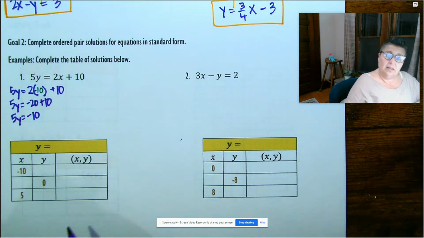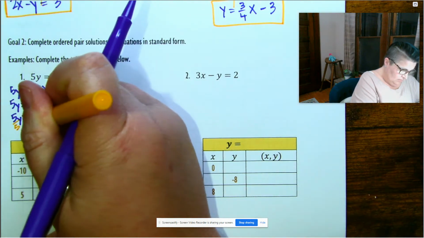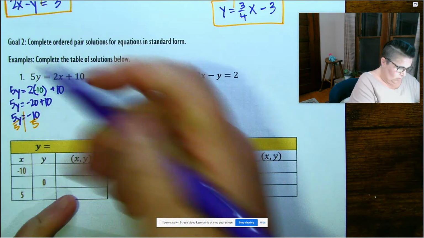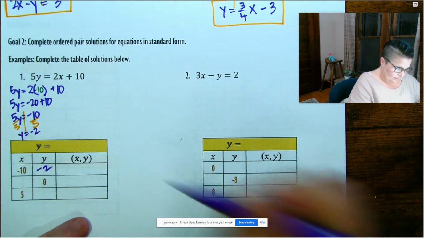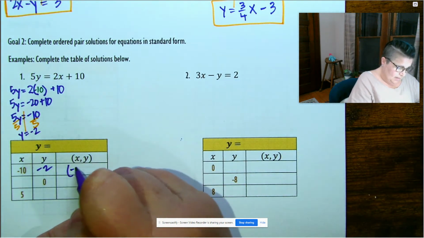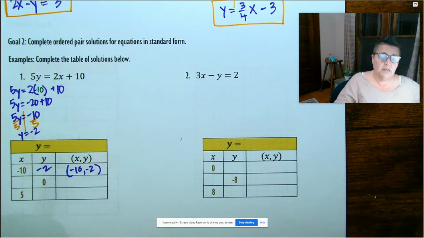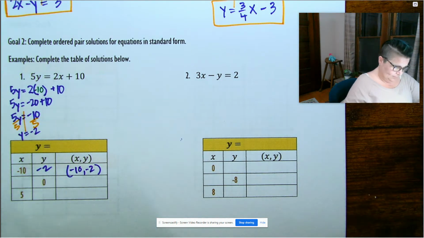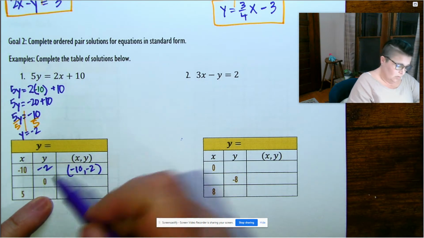Now, to get the y alone, I need to divide both sides by 5. And I get that y is equal to a negative 2. This gives me a point at negative 10, negative 2. That gives me the coordinate pair, negative 10, negative 2. For the second one, I know that y is 0.